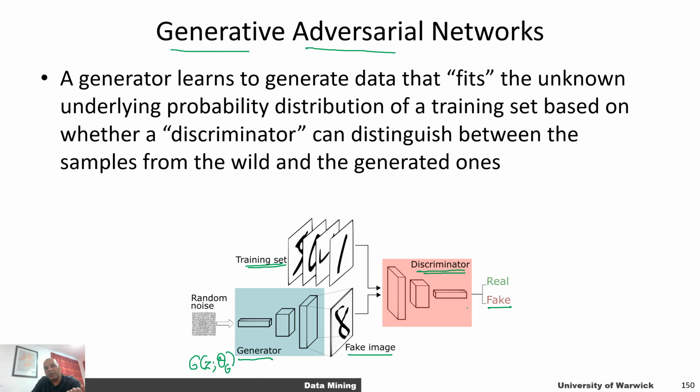So this is where discrimination takes place between the probability distribution of the generator, or what the generator has learned, and the underlying distribution from the training set. So we have these training samples that are given to us, and these samples that are being generated by the generator.